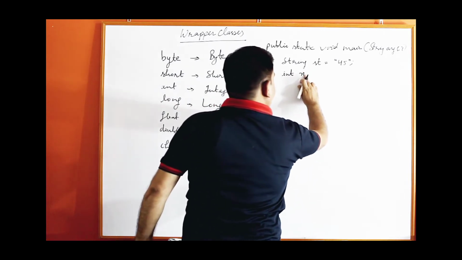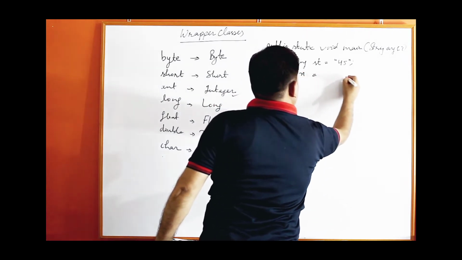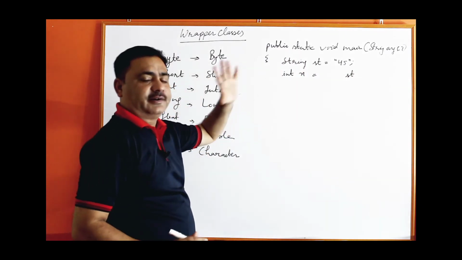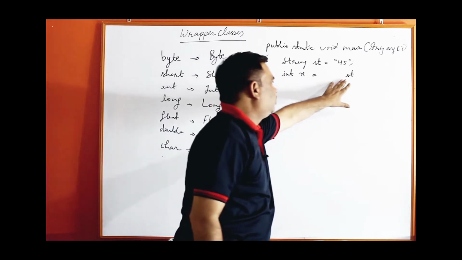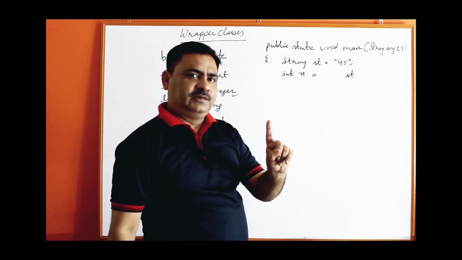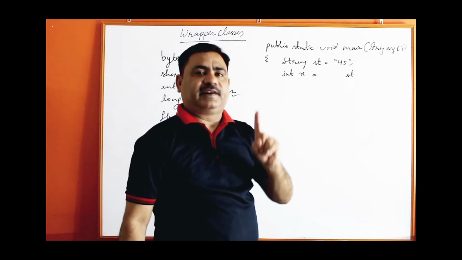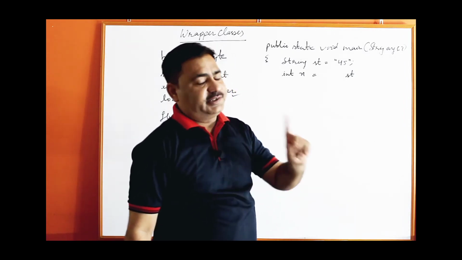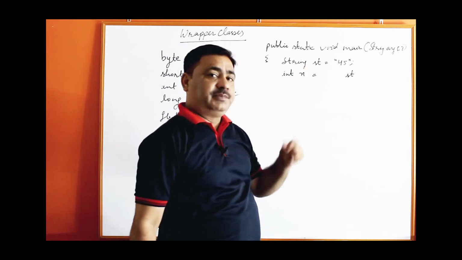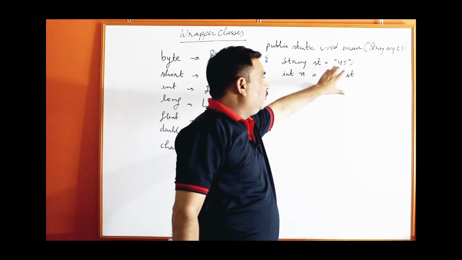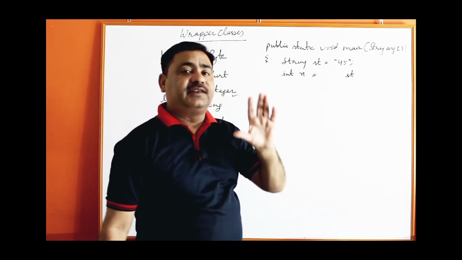Can we write n equal to st? No, it will give error, because you can't store a string into an integer. Like for a single character data type, its ASCII code will be stored, but not in case of string. I would like to store it as it is, 45, but in integer form.